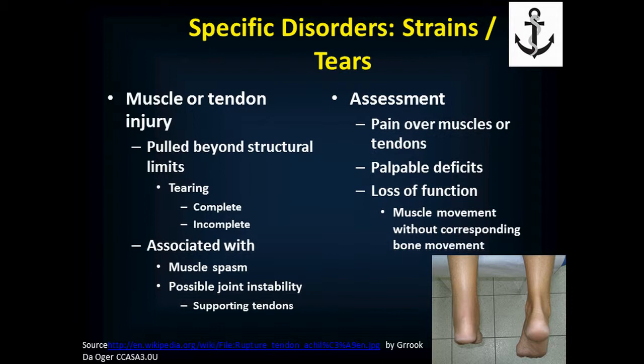And if you completely tear a muscle, well, that doesn't really take away structural support, but it takes away your ability to move. So when you assess these patients, they'll have pain over their muscles or tendons, and you may be able to actually feel a defect.